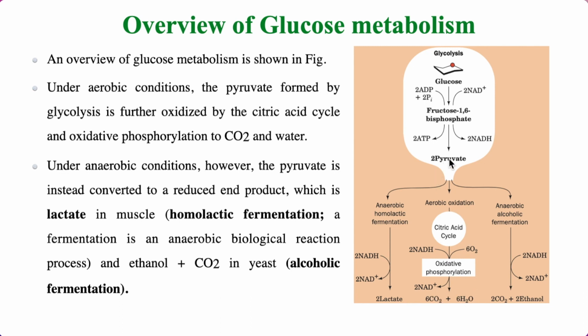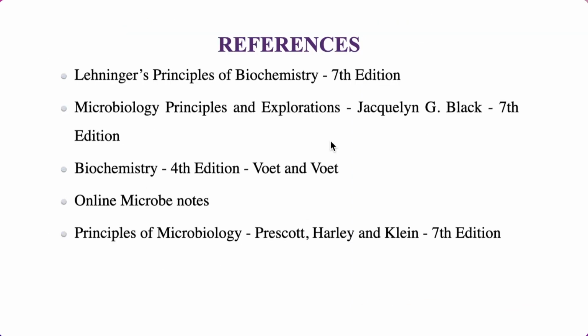Under anaerobic conditions, two types of fermentation take place: homolactic fermentation and alcoholic fermentation. Here NADH is oxidized to NAD and the end product is lactate. And in anaerobic alcoholic fermentation, the final yield is ethanol and carbon dioxide. So this is the overview of glucose metabolism, and these are the reference books.